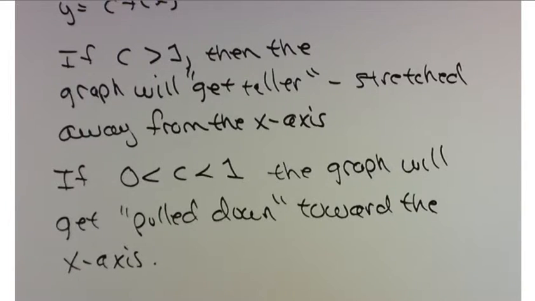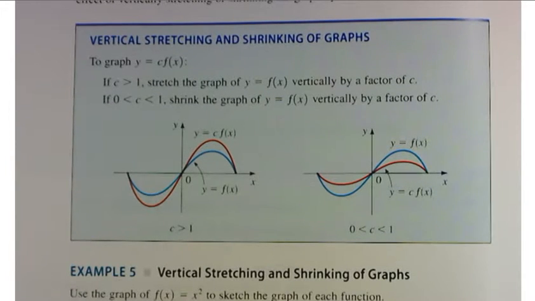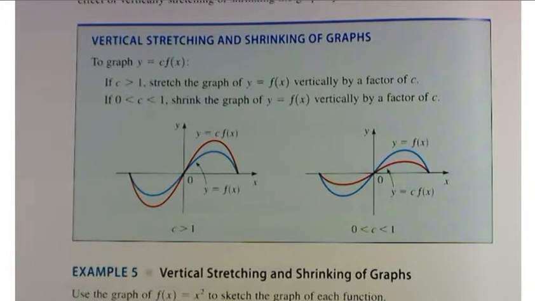I think the book used c as well. H and K are probably going to be used for parabolas and stuff like that when we're talking about the vertex. So here's a nice demonstration of what's happening when you stretch or shrink a graph.